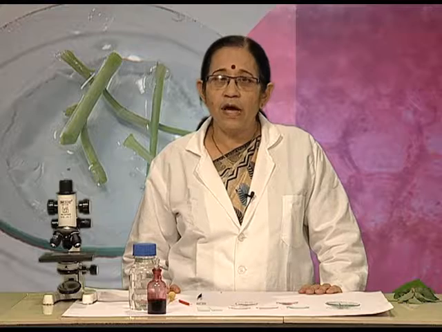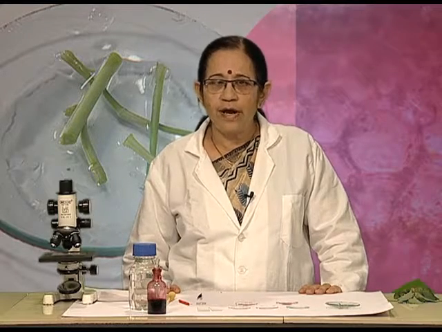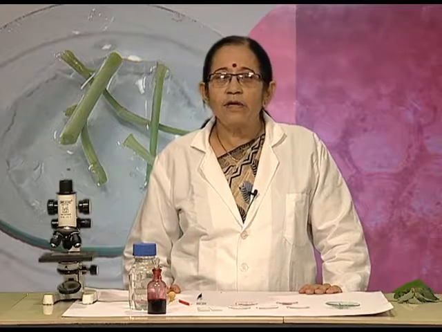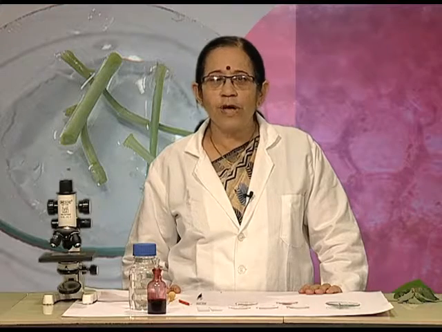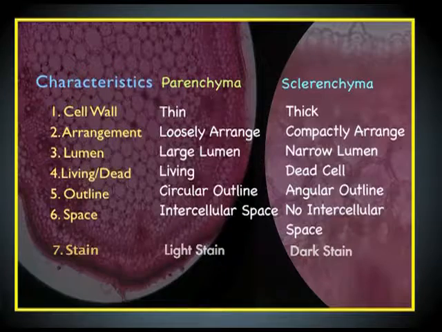Whether they are living or dead cells, and whether they have a circular outline or an angular outline. So, you can prepare a table comparing the characteristics of the parenchymatous tissue and the sclerenchymatous tissue based on your observations.